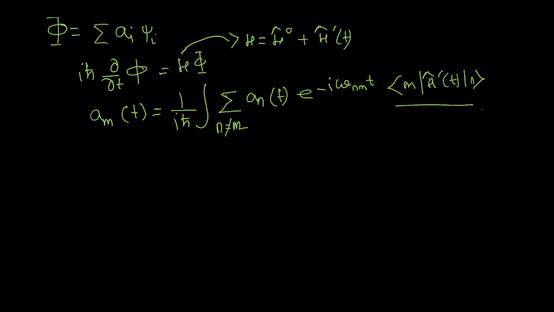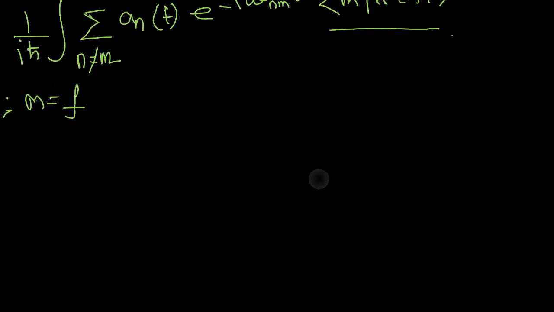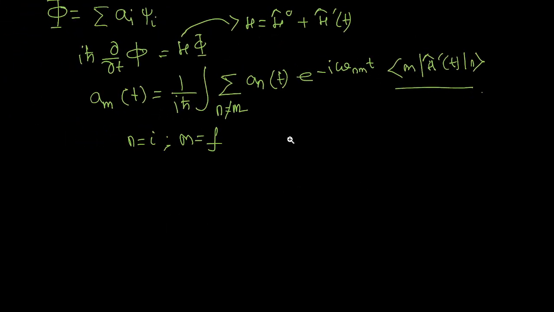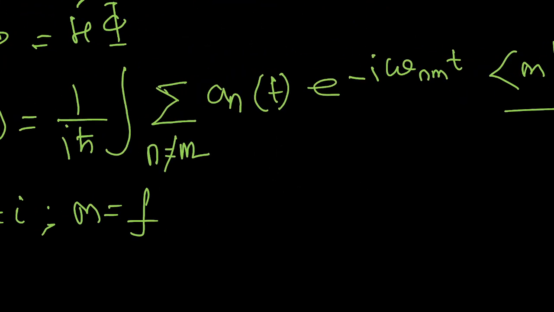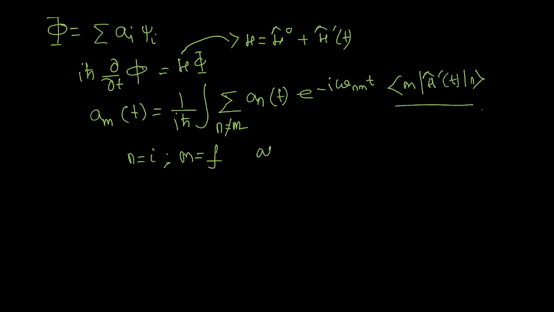Okay, now let's say n is equal to i for the question, and m is represented as f. So at weak perturbation limit at t equals 0, what we can say is a_i at 0 is 1, and the other a at 0 is 0.